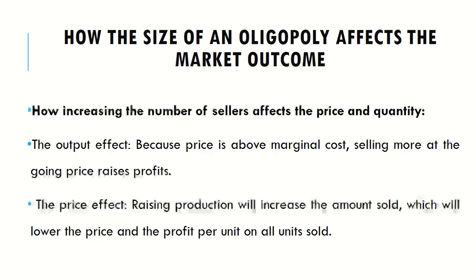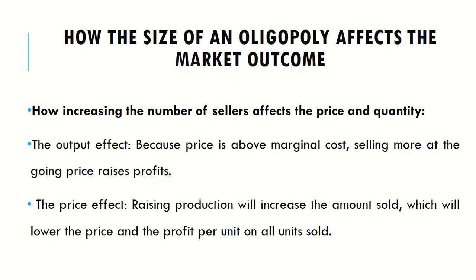Coming to the first effect, the output effect, it illustrates that because price is above marginal cost, selling more at the going price raises profits. As we know, in case of oligopoly, price is always above the marginal cost, but this price is less than the monopoly price.